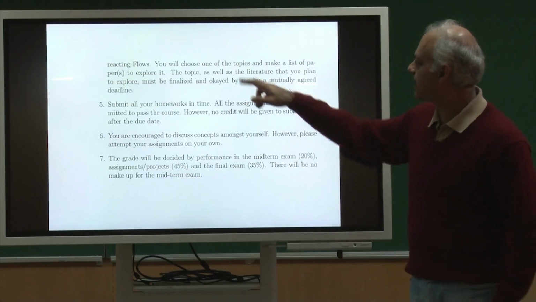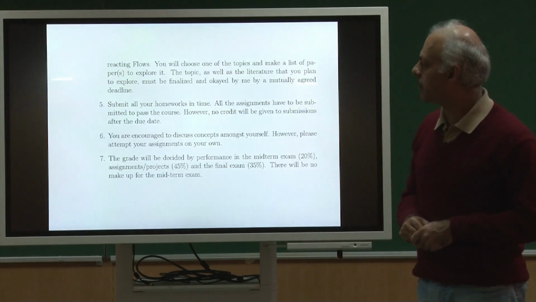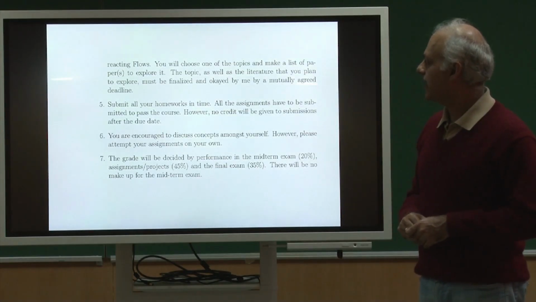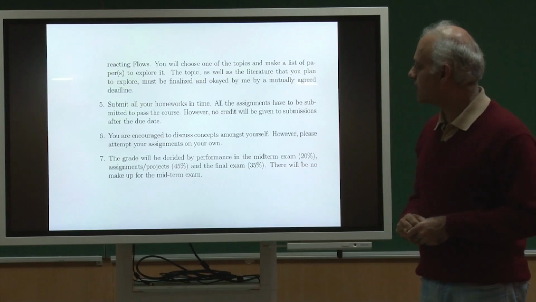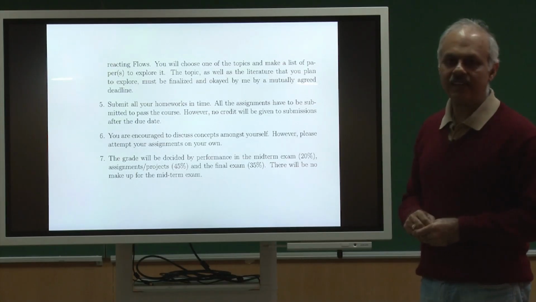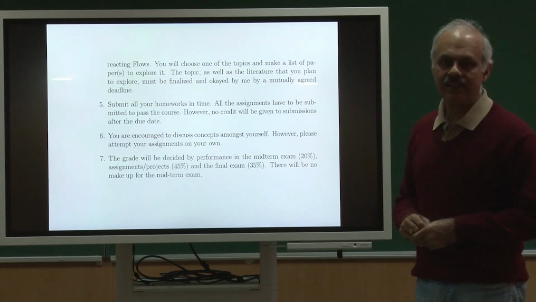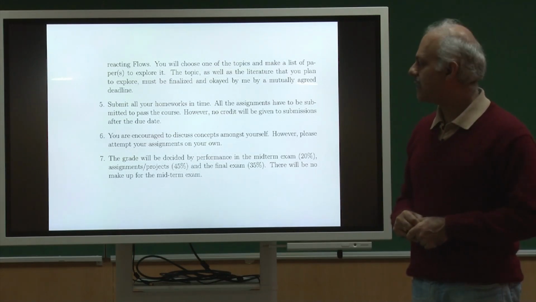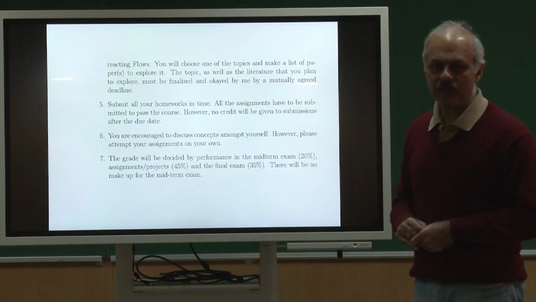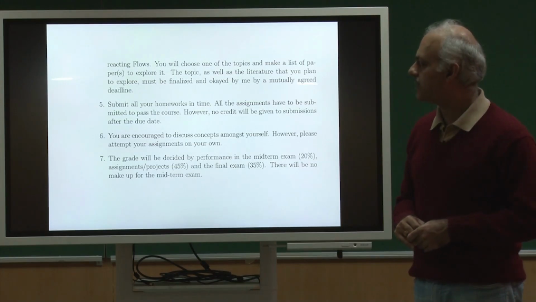So it's summarized here that you will choose a topic, make a list of papers to explore it, and the topic as well as the literature that you plan must be finalized and okayed by me by a mutually agreed deadline. This is very important, and I think it's fair that I tell you why I do this.